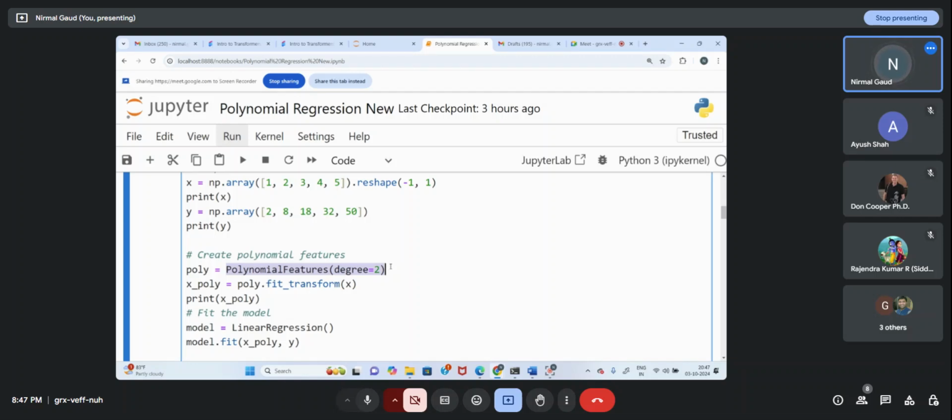You can assume 3, you can assume 4. 2 is just your assumption at this moment. So you said, okay, I am currently having polynomial features of degree 2. Highest degree is 2. So this is kind of a polynomial I am having currently.